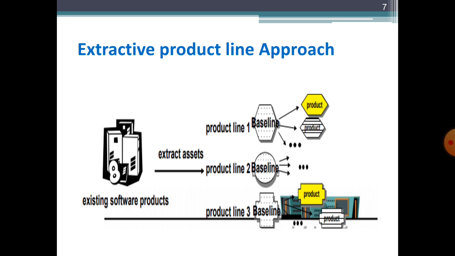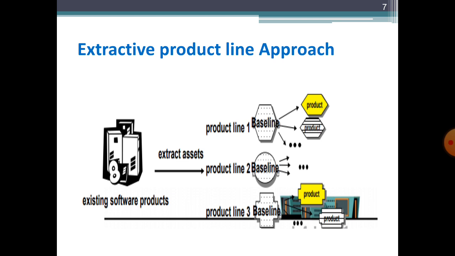This is the working of the extractive product line approach, where our final product is a combination of different baselines. Each baseline is based on its respective product line, and these product line 1, product line 2 and product line 3 are formed from the extracted assets, and we extract these assets from the already existing software products.